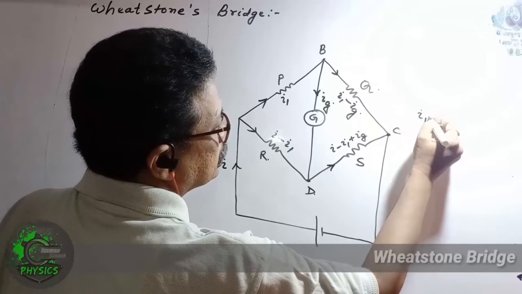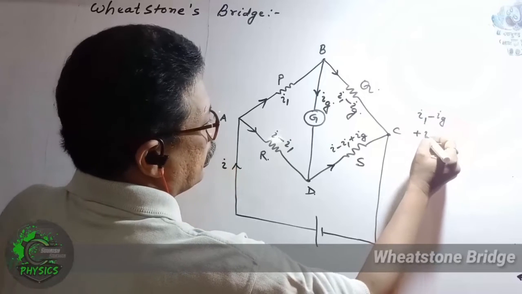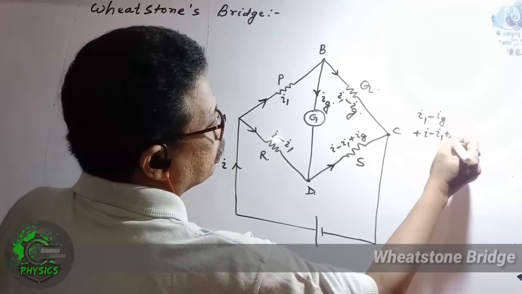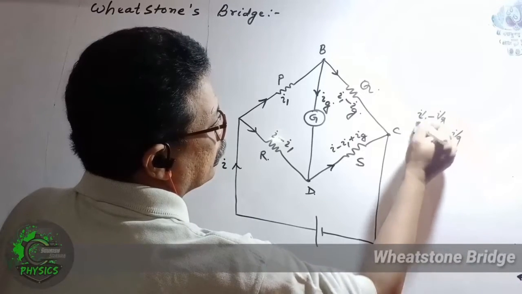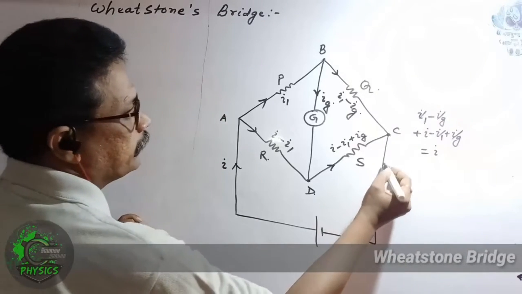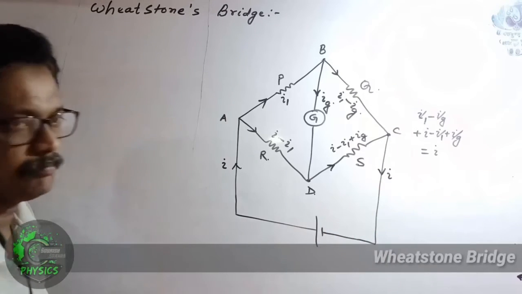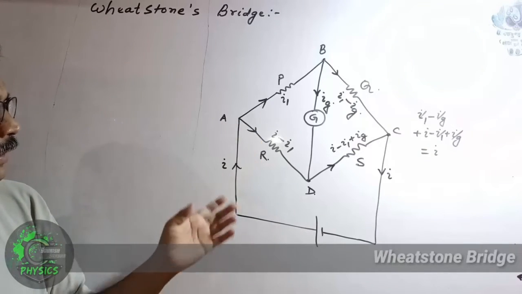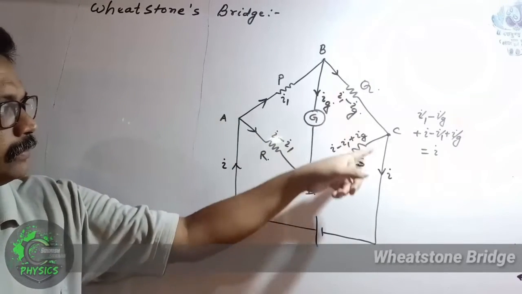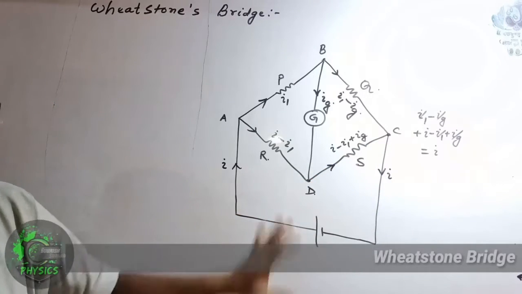I1 minus Ig plus I minus I1 plus Ig results in current I. It means through the junction C, current I is coming out. So the amount of current entering the loop is equal to the amount of current leaving the loop. This condition must be satisfied.